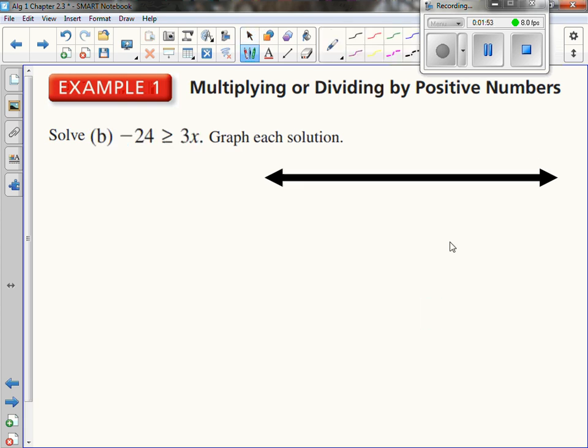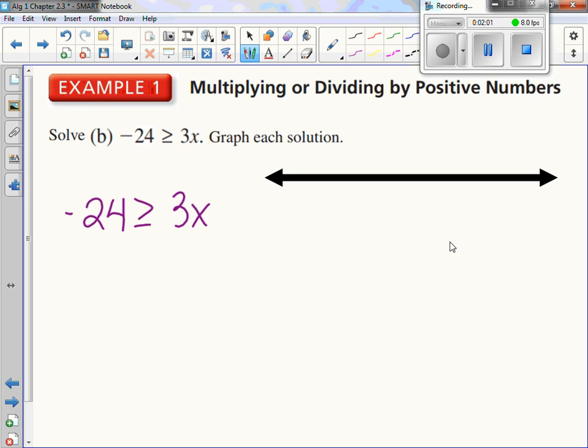Let's look at the next one. We have negative 24 is greater than or equal to 3x. So what would we do here? This whole section is going to be with multiplication and division. So are we going to multiply or divide?